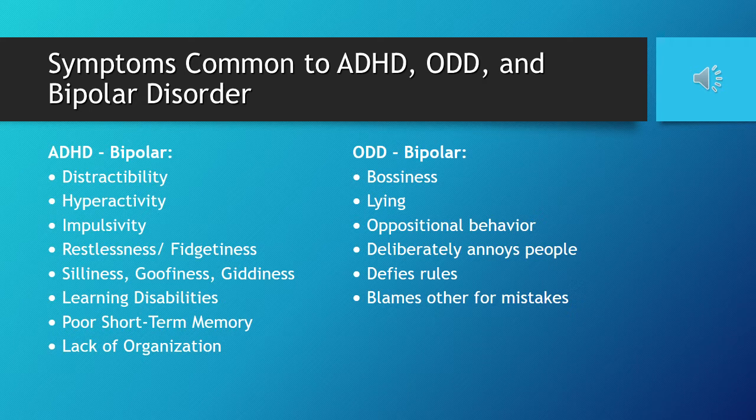Similarly, the common symptomology of bipolar disorder and ODD is bossiness, lying, oppositional behavior, deliberately annoying people, defying rules, and blaming others for mistakes. Due to these overlaps and commonalities, it becomes difficult to assign a diagnosis of bipolar, ADHD or ODD.